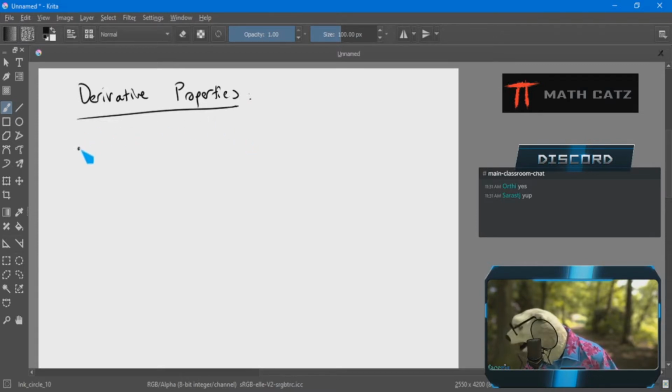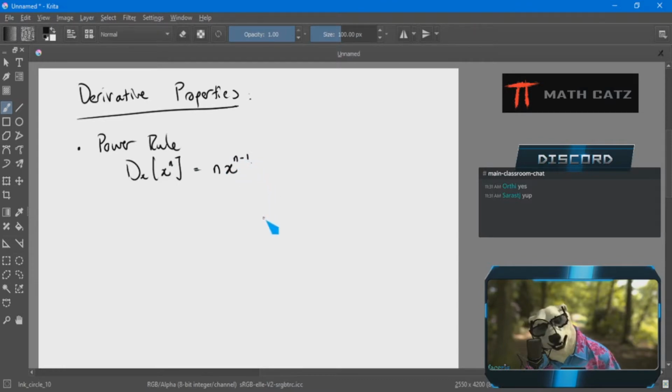So, we have the power rule that says that if I want to find the derivative of x to the power of something, then I can put that exponent in front and the new power of x is 1 less.